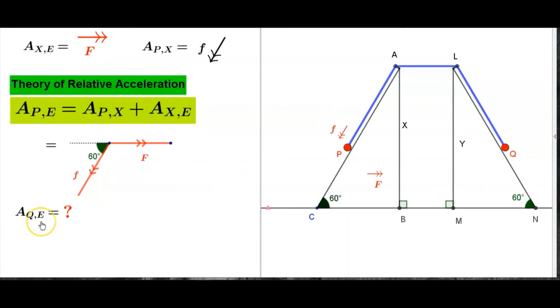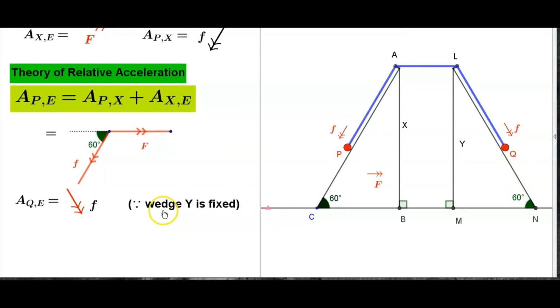Now the acceleration of Q relative to Earth. Because this is an inextensible string, both particles have the same acceleration relative to the wedge. Therefore the acceleration of Q relative to Earth in this direction is also f, since Y is fixed.